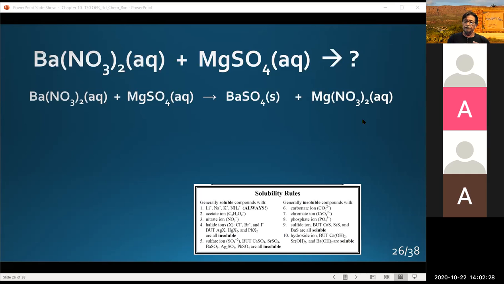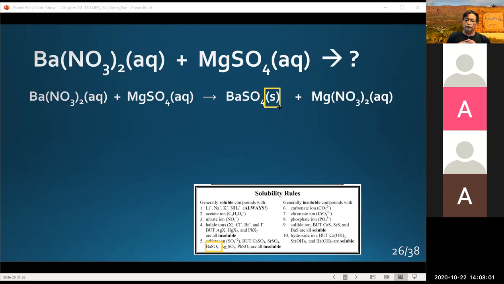Well, we need to check the solubility and verify that, yes, barium sulfate is insoluble. The solubility rules down at the bottom normally tell us that all sulfates are soluble except, guess what? Barium sulfate, with the square box there. That is insoluble. Hence, we put a solid there.